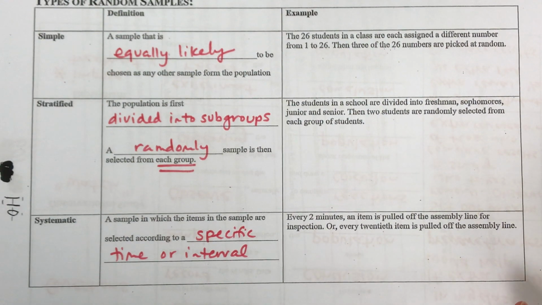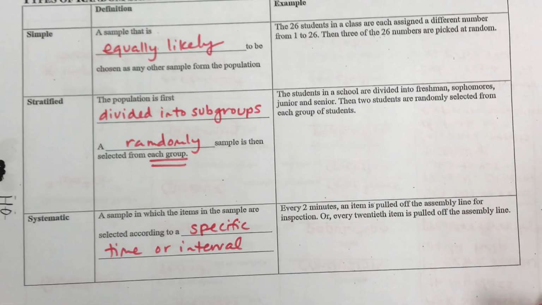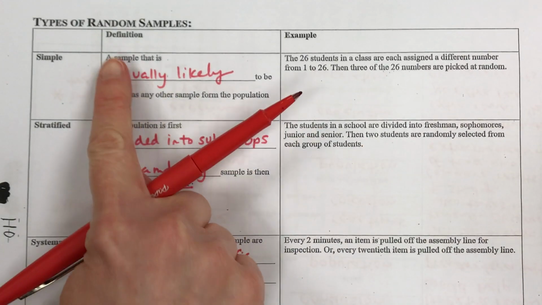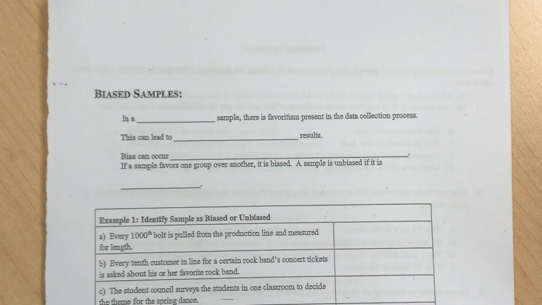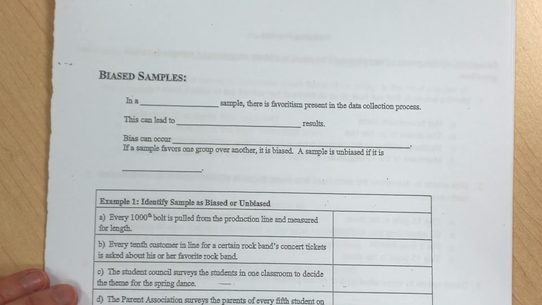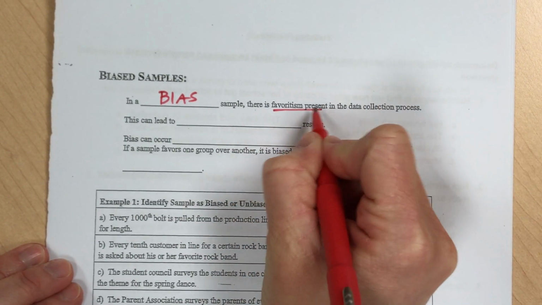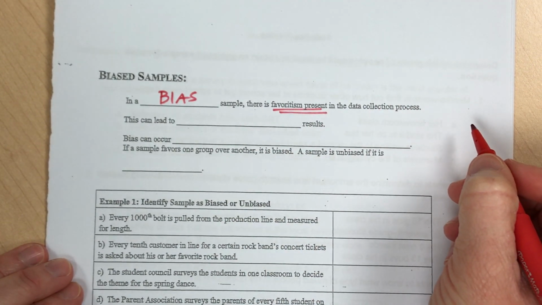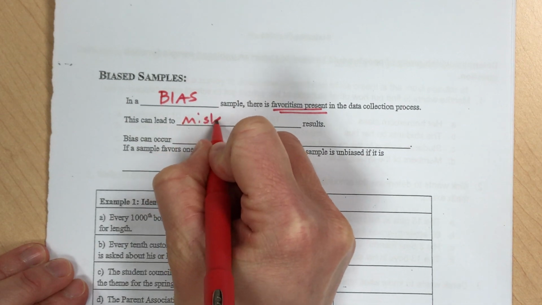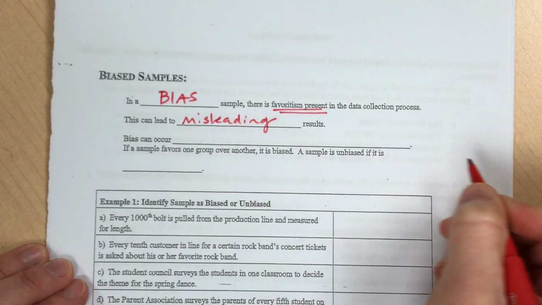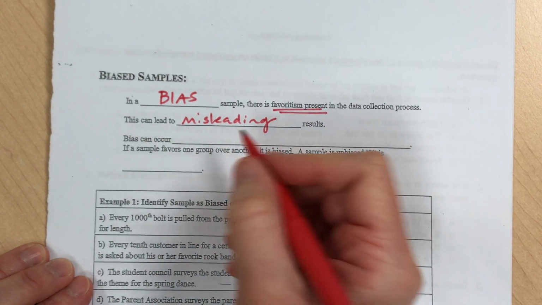So these would be the ways to collect data, and they are good ways of collecting data because they use some sort of randomness. All right, biased samples. This is on page 111. For biased samples, you're going to have some sort of favoritism be represented. And what happens is this will lead to misleading results. Bias can occur in the way the sample is selected.